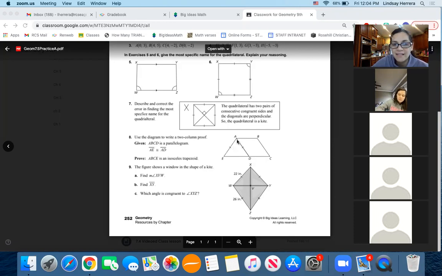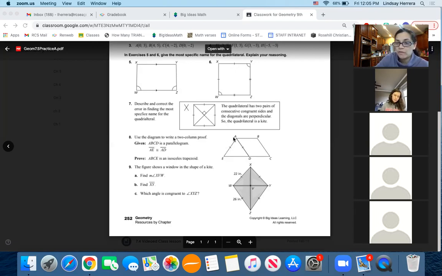If AE is congruent to AD and AD is congruent to BC, then AE is congruent to BC. You don't have to write all that. Just write AE is congruent to BC, transitive property. Okay, so now we have proven that the legs are congruent.